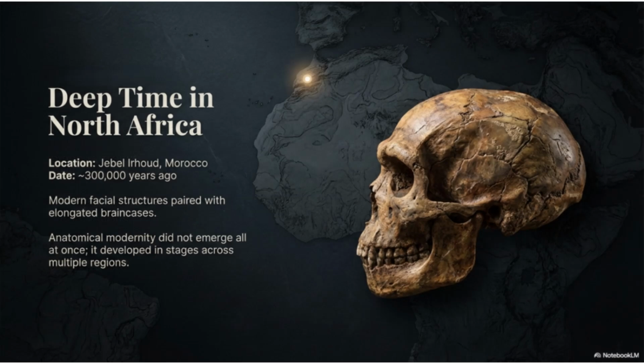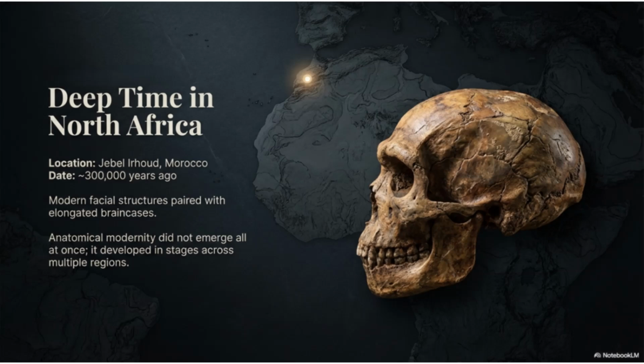Africa is not the only place where early modern-looking fossils appear. North African finds, such as those from Jebel Irhoud in Morocco, push the timeline back even further to about 300,000 years ago. These individuals have modern facial structures but elongated brain cases, again highlighting that anatomical modernity did not emerge all at once.